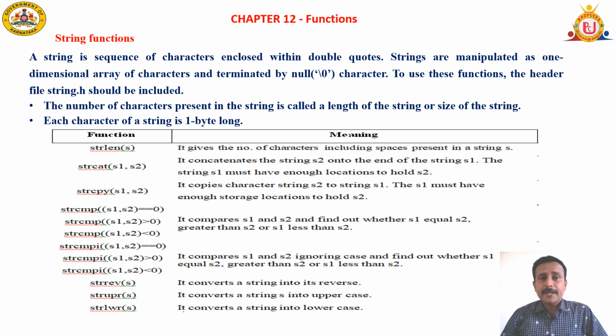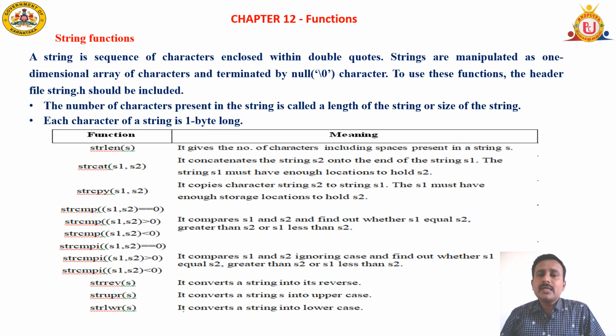A string is a sequence of characters, or we can also call it a group of characters or array of characters enclosed within double quotes. Always strings are enclosed within double quotes, and end with a null character. A string is a group of characters enclosed within double quotes and ends with a null character.